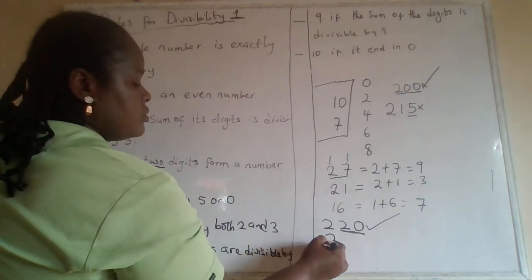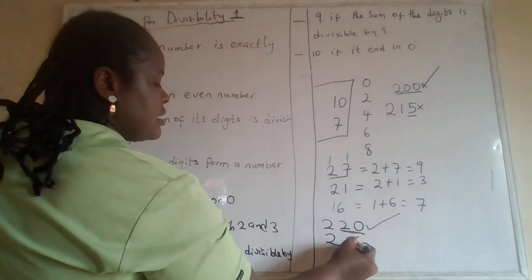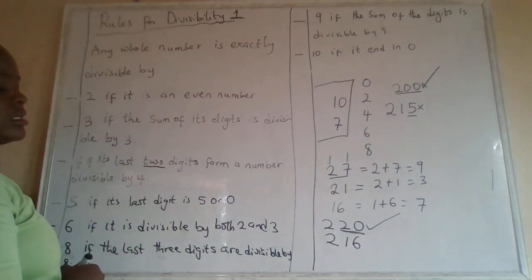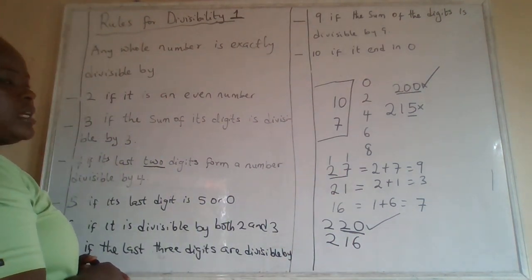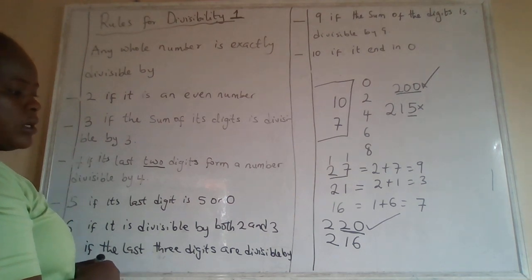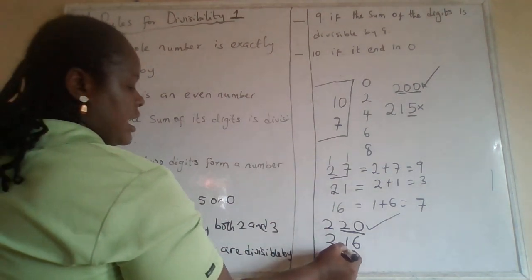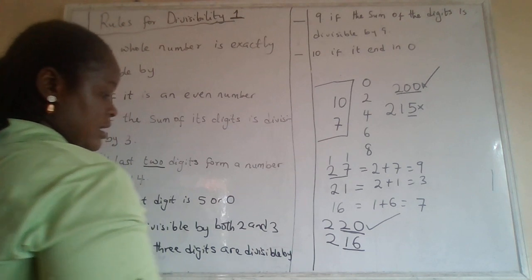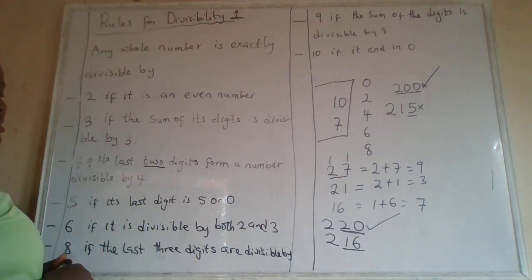Let's check another one. 216. Can 216 be divided by 4? Yes, because the two numbers that end it, 1 and 6, make 16, and 16 is divisible by 4.